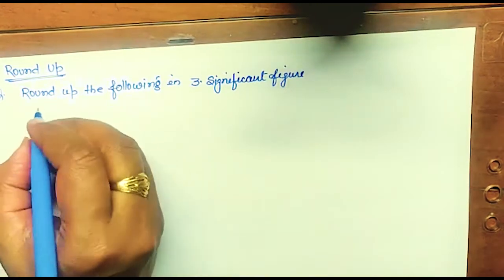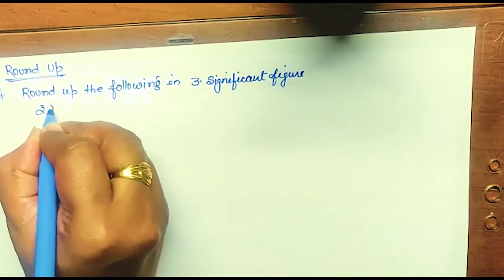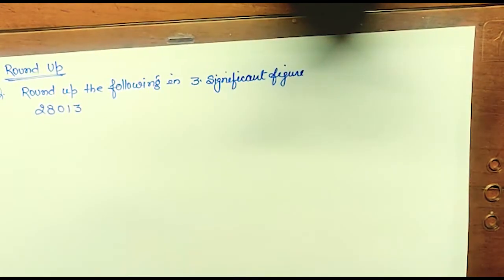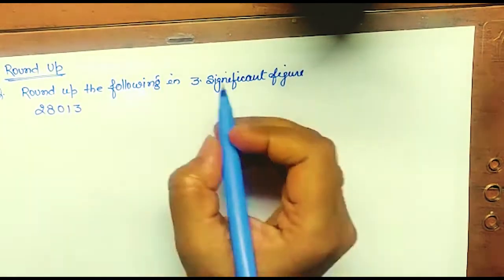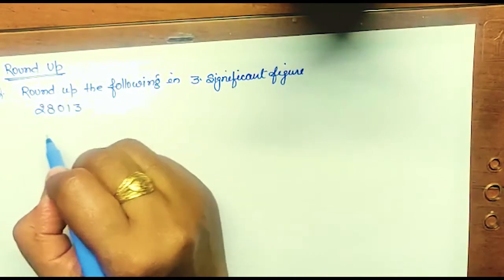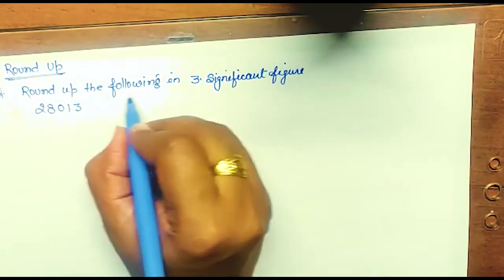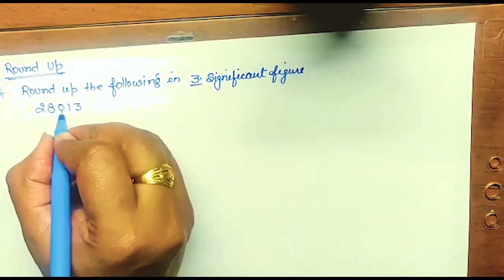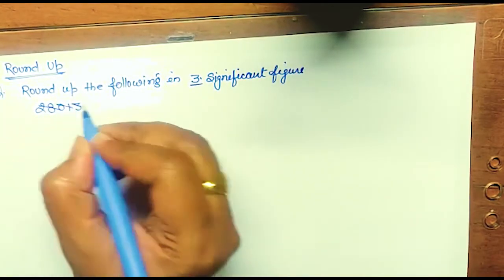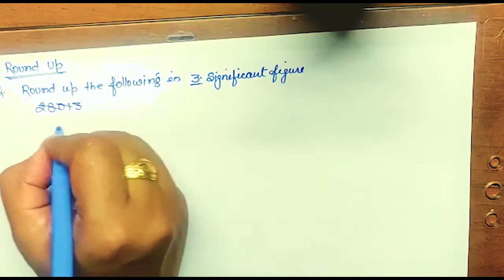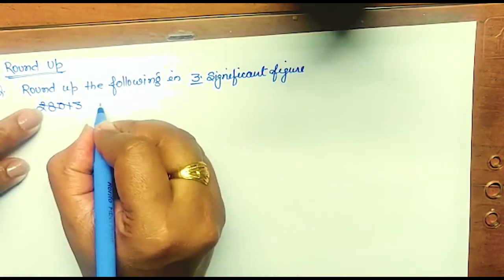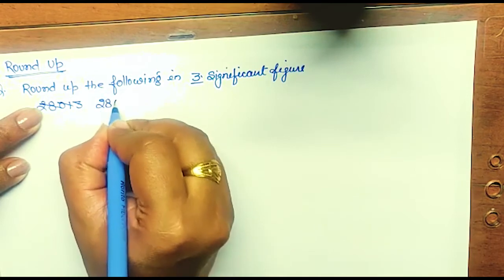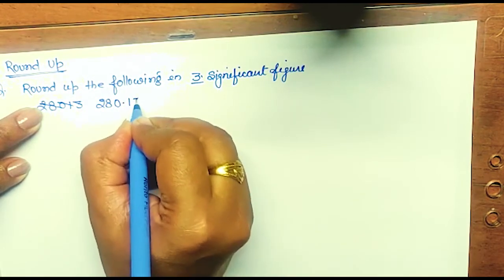Suppose that an example is there, 28013. What you have to do is round up this number in such a way that the significant figure should be... let me first take the simple example, then I will take this one. Suppose that it is 280.13.